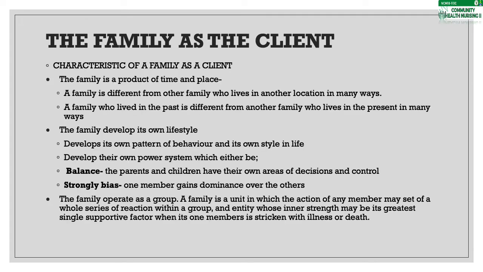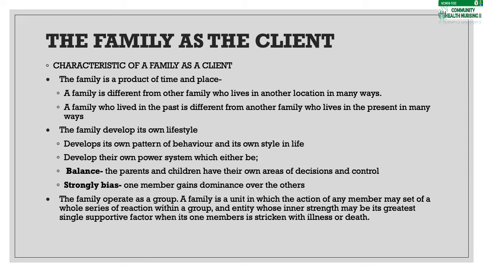Now, we have the characteristic of a family as a client. So, it says here that the family is a product of time and place. Now, how can we say that the family is a product of time and place? A family is different; the character of a family in one place differs from a family who lives in another place. Okay? So, it is different from other families who live in another location in many ways.